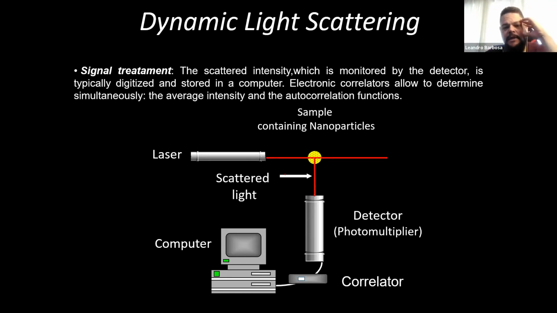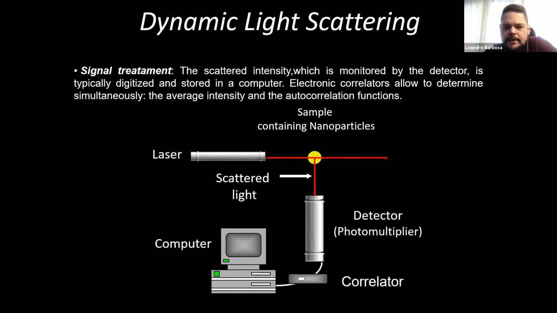The technique itself is kind of simple. You have a laser beam here. Generally, most equipment uses the red wavelength, which is around 633 nanometers, or the green one, some of them use 533 nanometers.